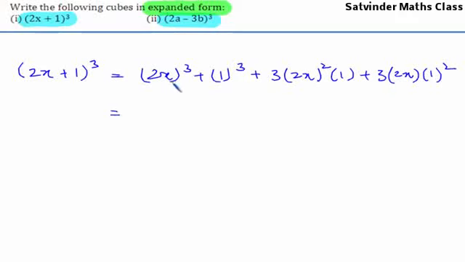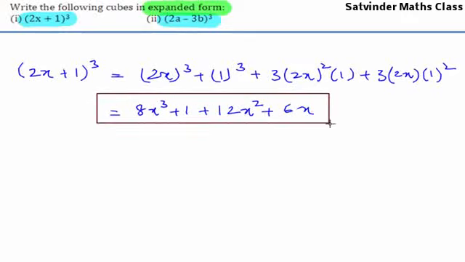We will get 2x whole cube is 8x cube plus 1 plus, now 2x whole square is 4x square. 3 into 4x square will give you 12x square, into 1 will give you 12x square, plus 3 into 2 gives you 6x, 1 square is 1, therefore 6x. This is the required expansion for (2x + 1) whole cube.